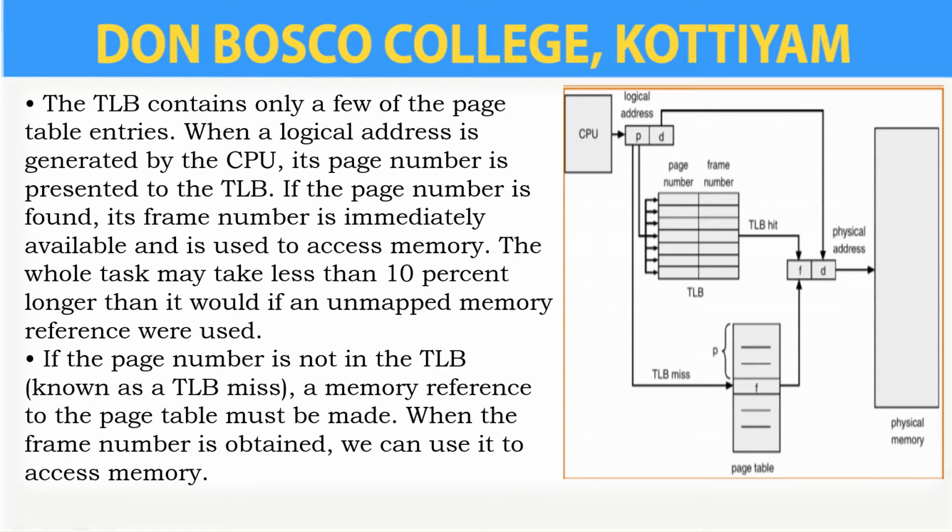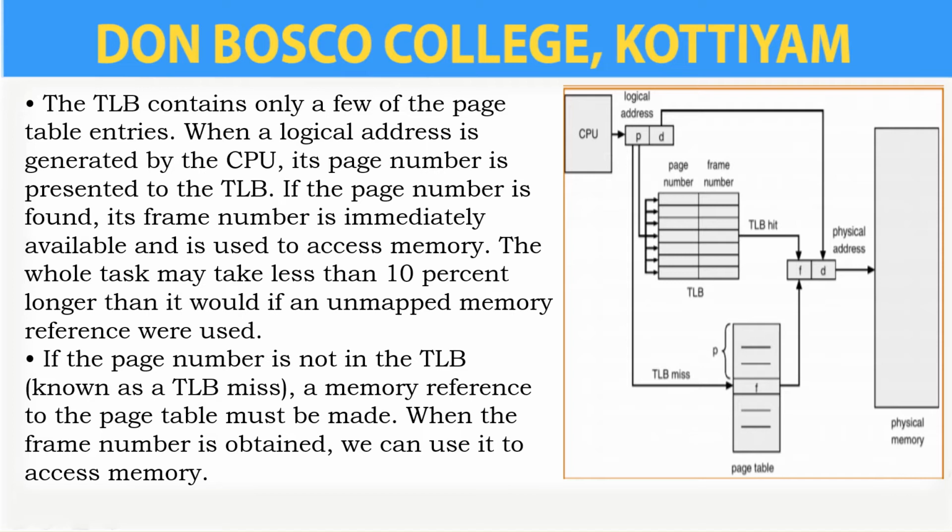Our implementation is this: when we enter a process, the CPU will generate a logical address, and this will be divided into two, the page number and the offset value.